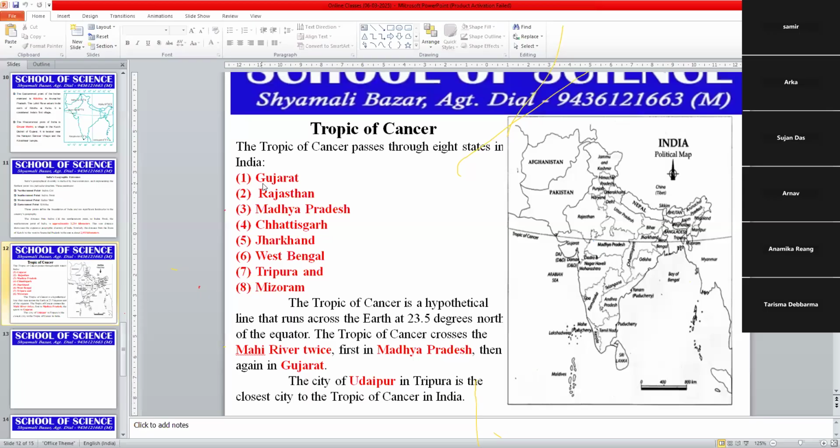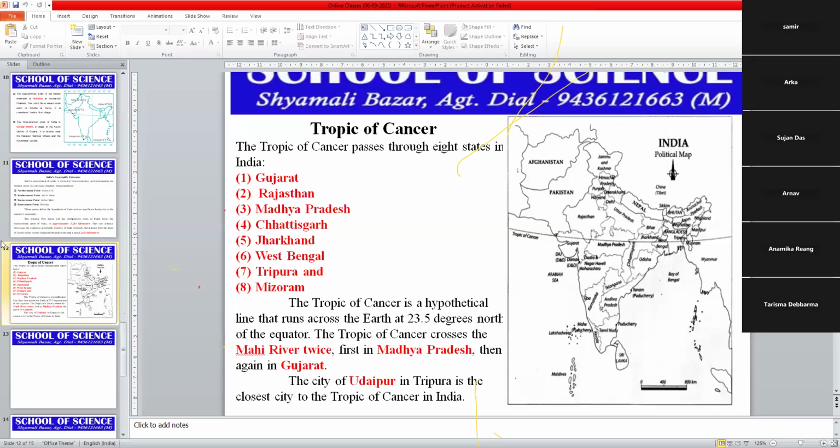The Tropic of Cancer passes through 8 states in India: Gujarat, Rajasthan, Madhya Pradesh, Chhattisgarh, Jharkhand, West Bengal, Tripura, and Mizoram.